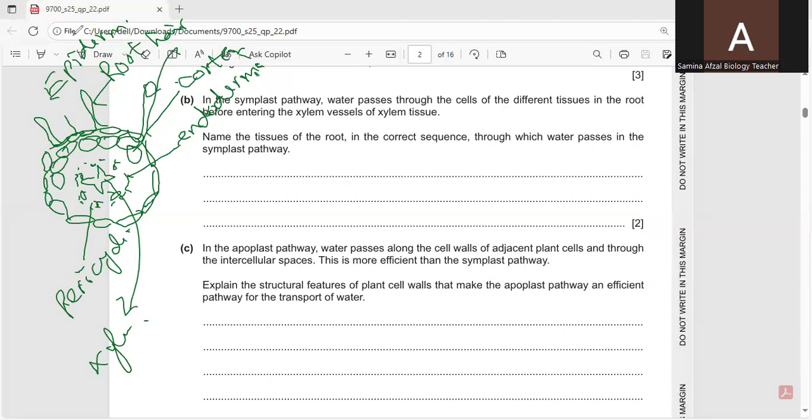So in this way, the water is absorbed through the root hair cells, and from the root hair cell, the water will enter into the root cortex. Epidermis, the outermost layer. From epidermis, it will move towards the cortex, and from cortex, it will move towards the endodermis.